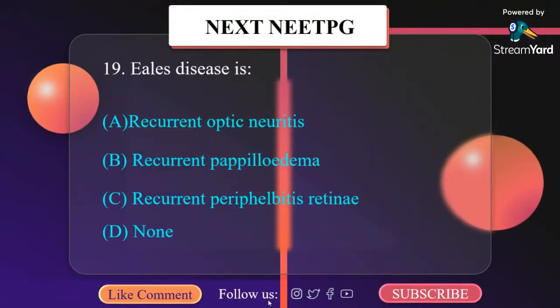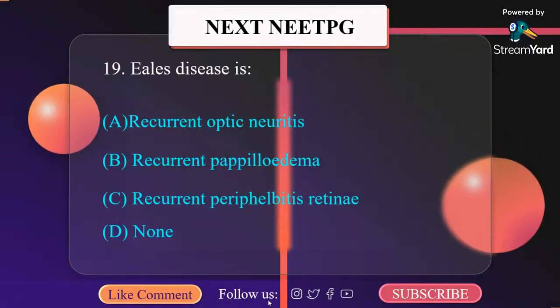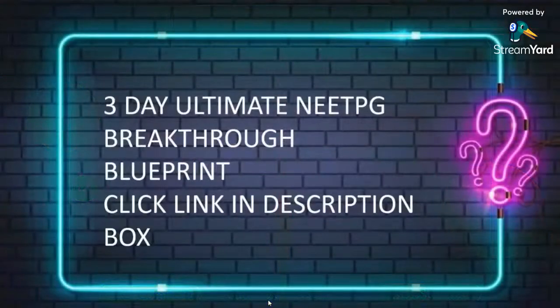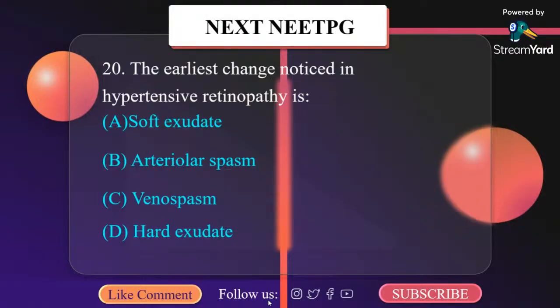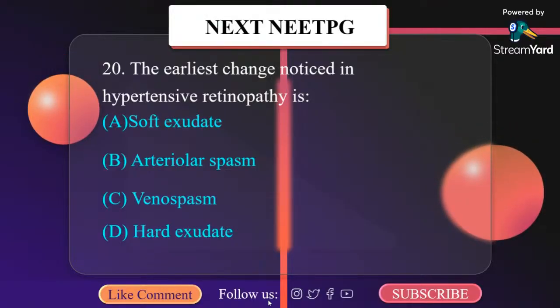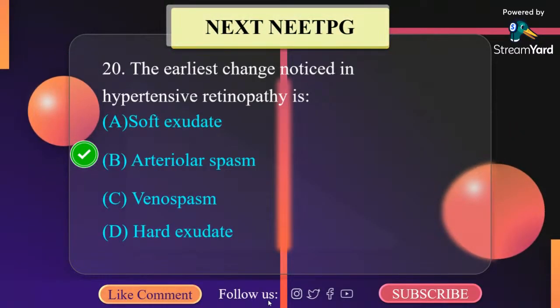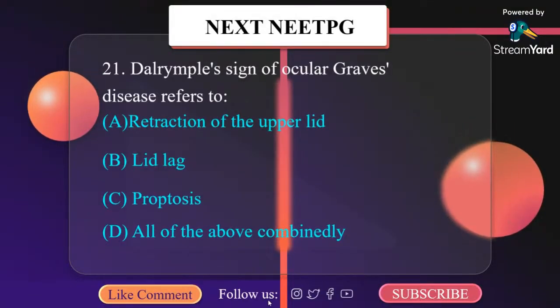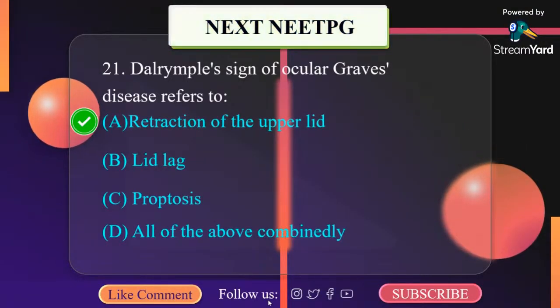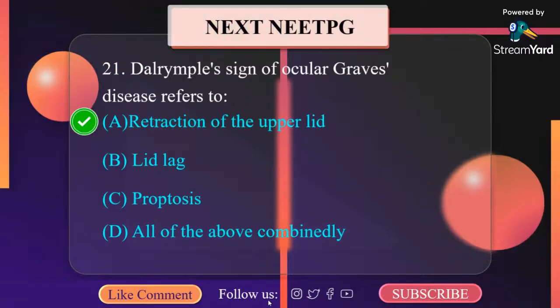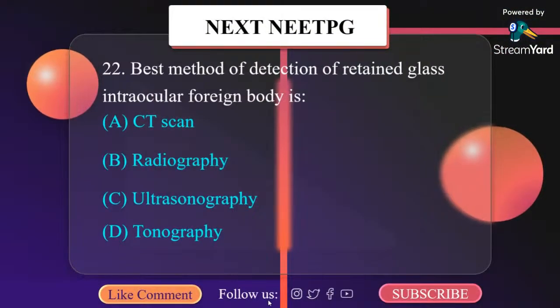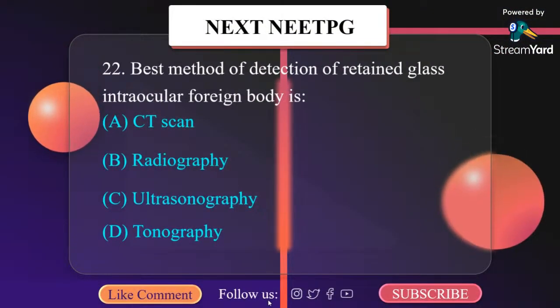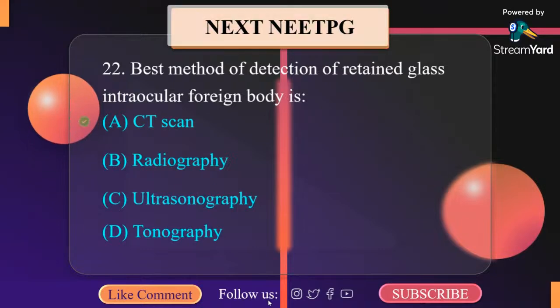Eales disease is recurrent periphlebitis retinae. The earliest change noticed in hypertensive retinopathy is arterial narrowing. Dalrymple sign of ocular Graves disease refers to retraction of upper lid. Best method of detection of retained glass intraocular foreign body is CT scan.